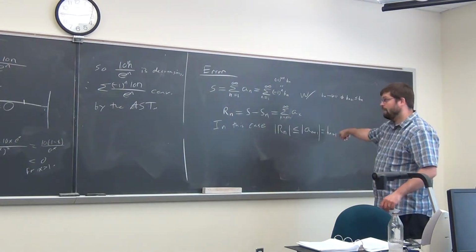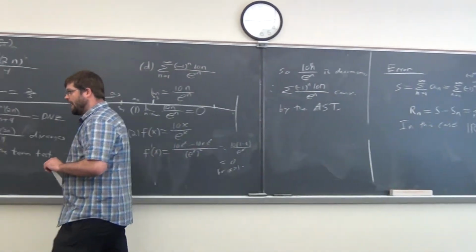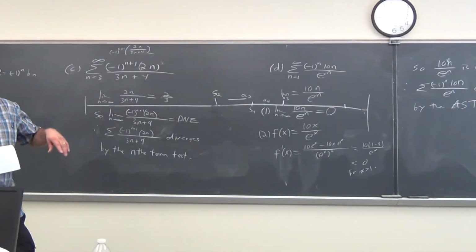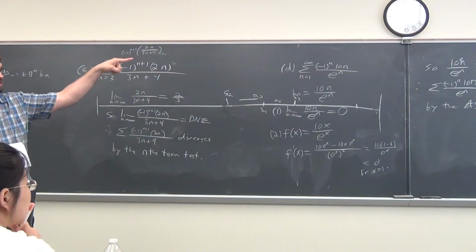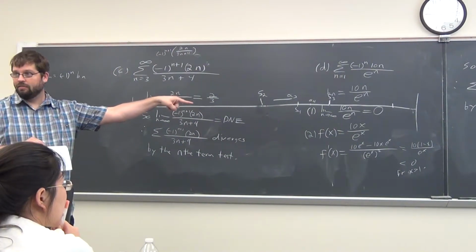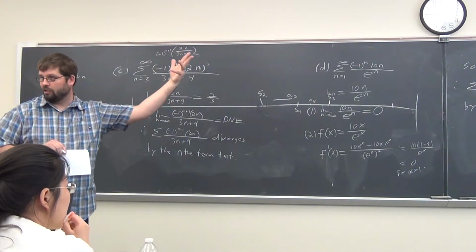So that gives you a bound for how bad your error is. And so if you want to find a sum accurate to 0.001, all you do is figure out what n makes r sub n less than 0.001, right? And then you just add up to there and you'll be in good shape.